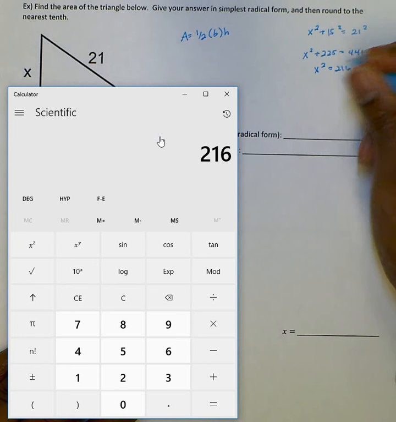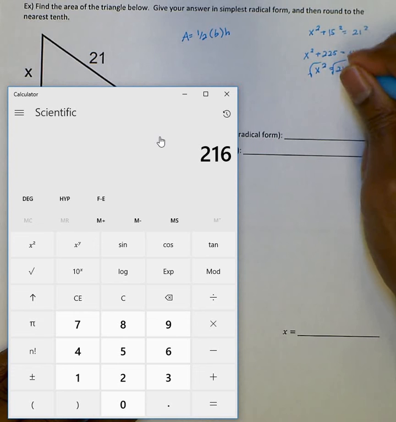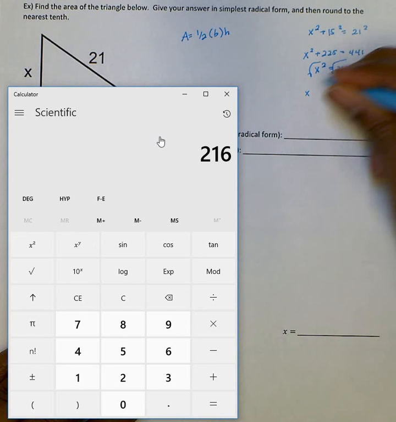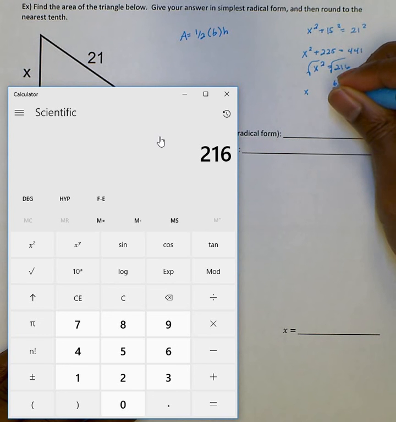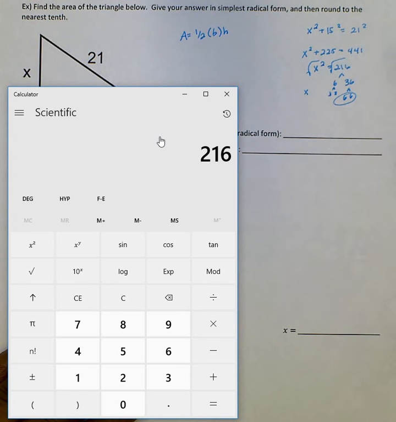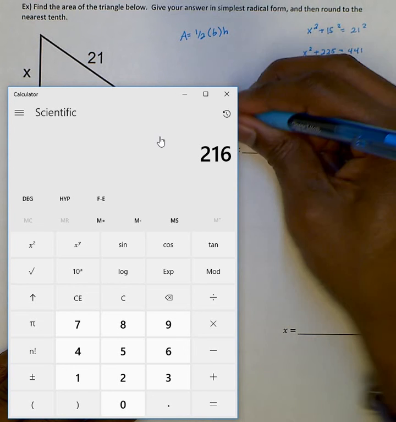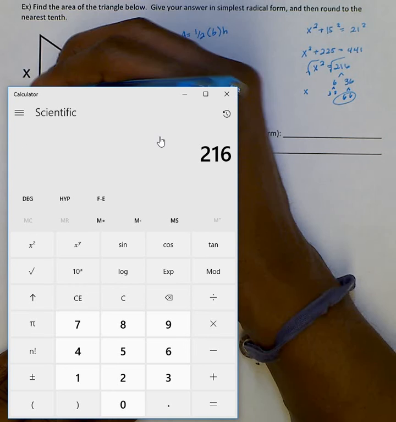I'll take the square root of both of these. That will give me x equals, I know 6 goes in that. 6, and that's 36. So I could break this down further into 3 and 2, but there aren't pairs there. So x, the height then, will be 6 radical 6.